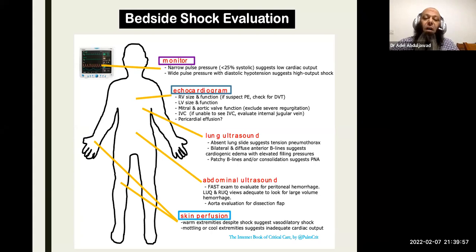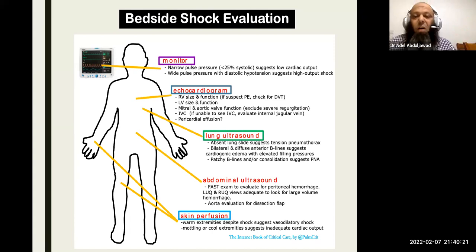Either you practice the lung ultrasound or echo or abdominal ultrasound. So from echo ultrasound or from echocardiogram, you can assess the RV, the LV, the IVC, the pericardium, the valves. And of course, it will give you an idea, and I will show you later.